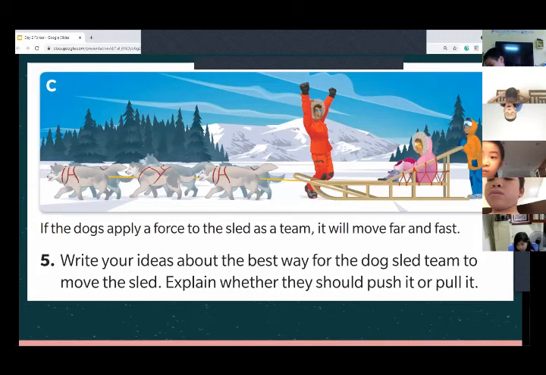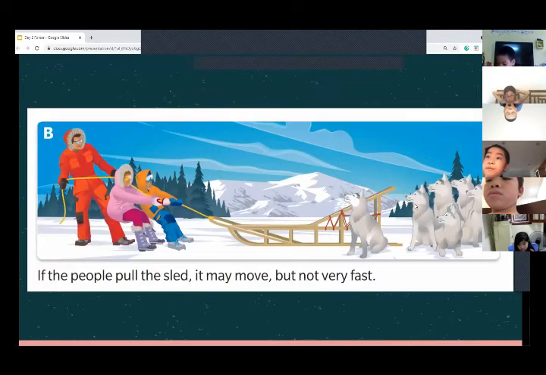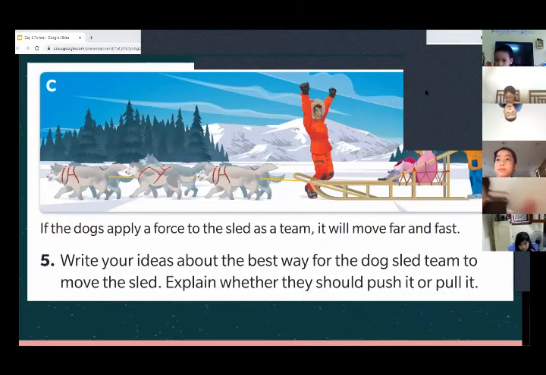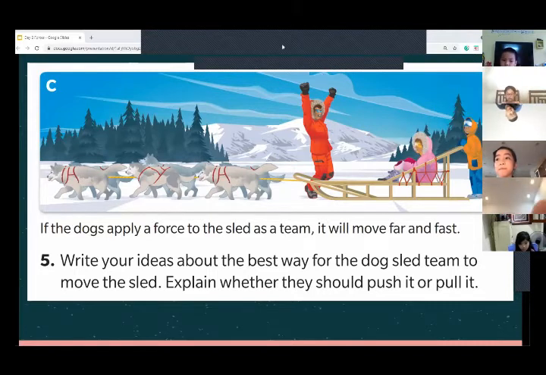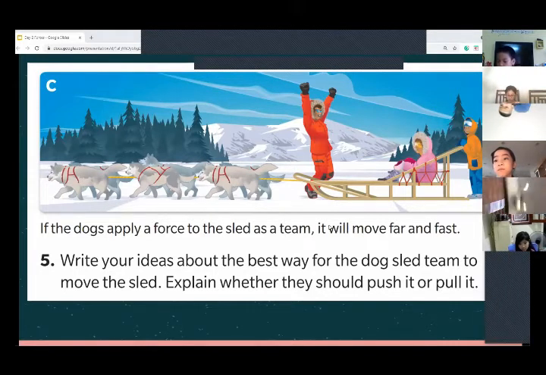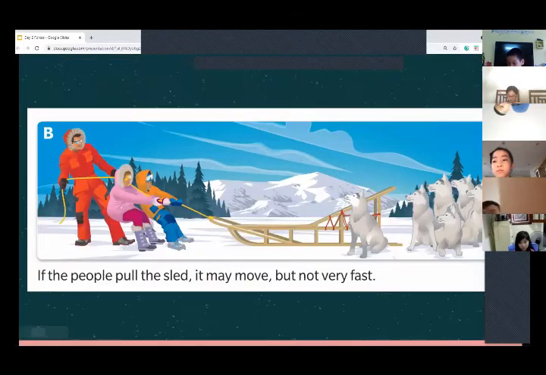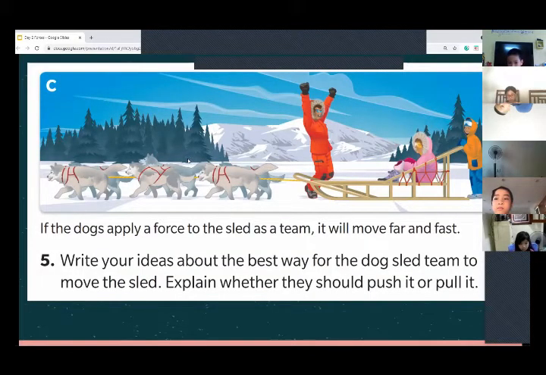Very good. So guys, do you think A, B, or C is correct? I'm going to unmute everyone, and I'd like you guys to yell your answer. A is where the humans and the dogs push the sled. B is the humans pull the sled, and C is the dogs pull the sled.